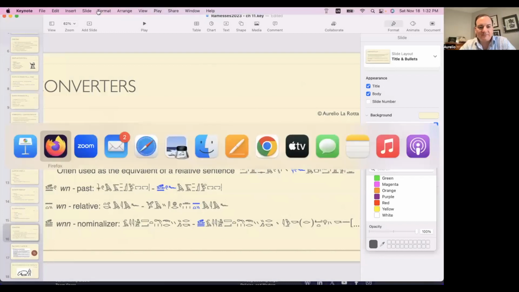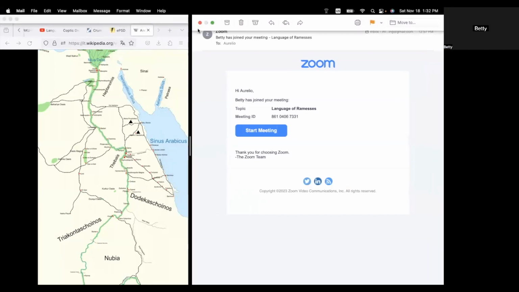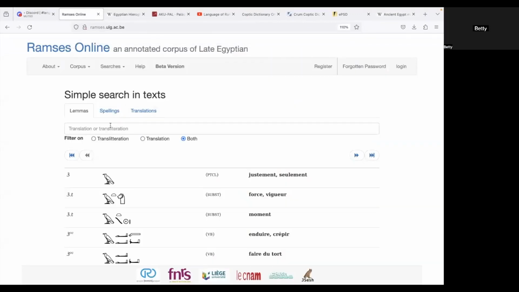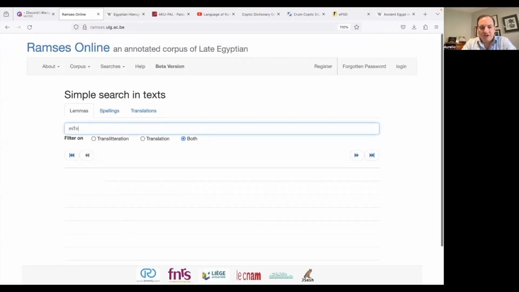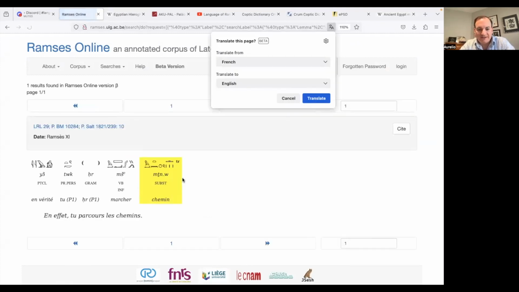I know there's more than one word for way, but I've never actually looked at when they use Mechenu and the other one. Let's see. That's an interesting question. So Mechen, another spelling here. Only one example. That doesn't tell you a lot.